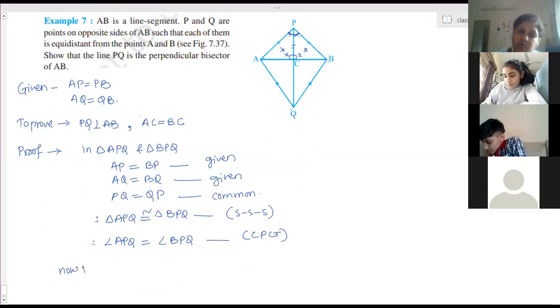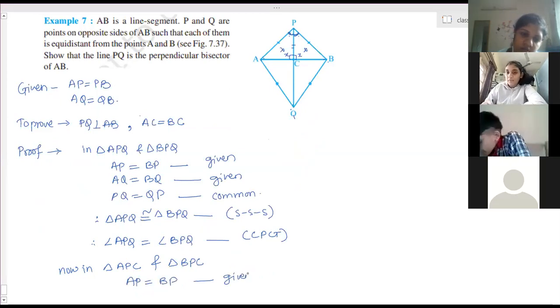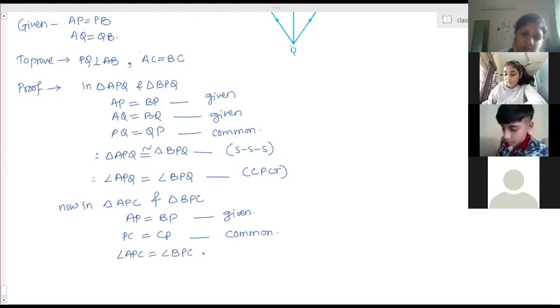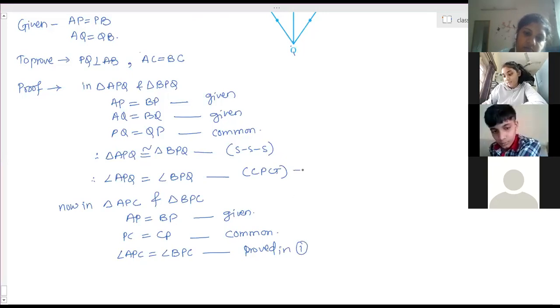Now in triangle APC and triangle BPC, AP is equal to BP, given, PC is equal to PC, CP, that is common, and angle APC is equal to angle BPC, proved in 1.